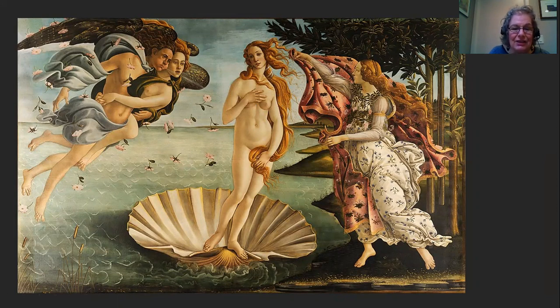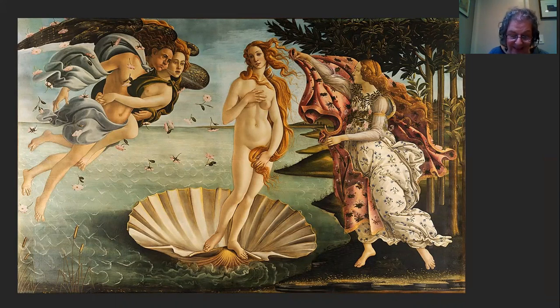But the last thing I just wanted to talk about before I go are all of these roses that are infused all throughout the painting, including, of course, here in the girdle that the hour wears. Now, roses were Venus's sacred flower, and mythology tells us that the roses were created at the same time that she was created.